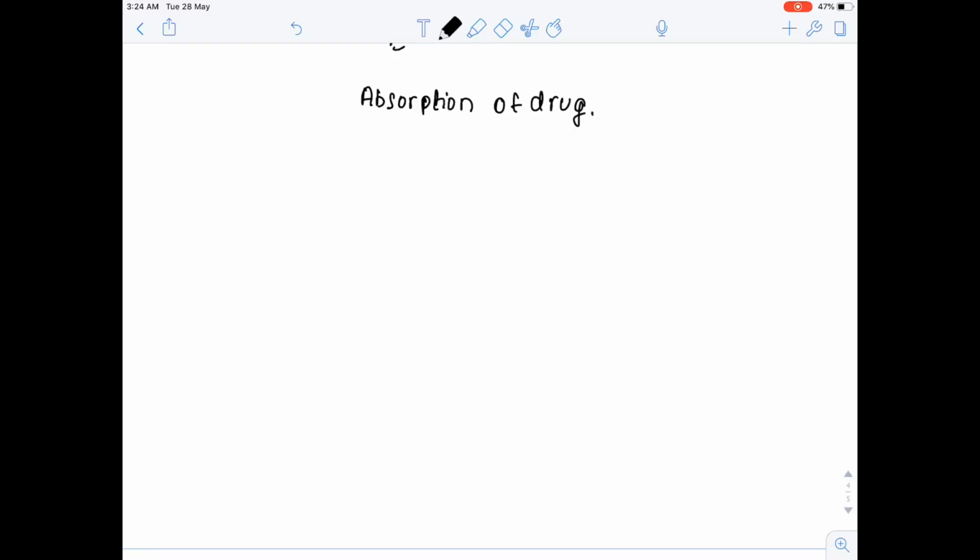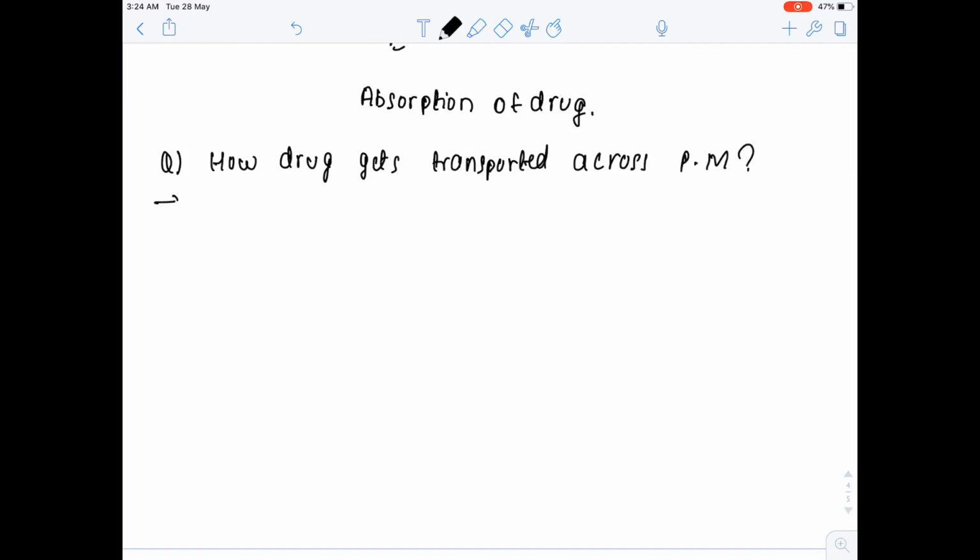Okay, the first question that arises is how a drug gets transported across the plasma membrane. So the type of transport is passive transport.